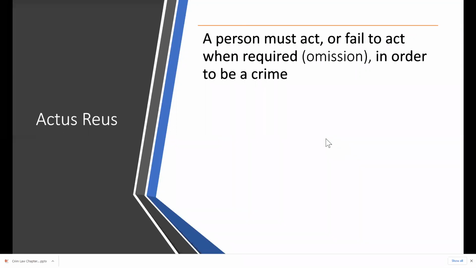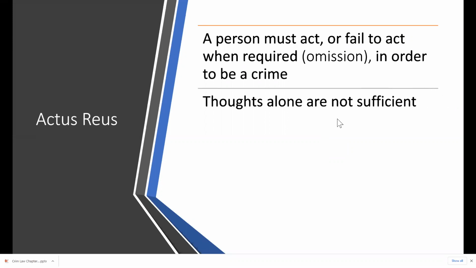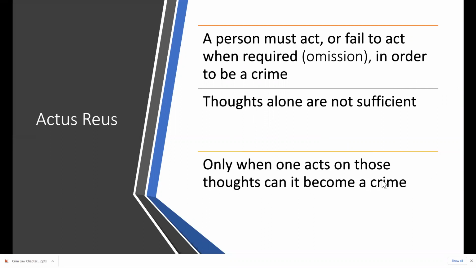So actus reus is a Latin term. It means to act. So thoughts alone are not sufficient. It's only when somebody acts on those thoughts, it can become a crime. So actus reus is the action that somebody takes for there to be a crime.